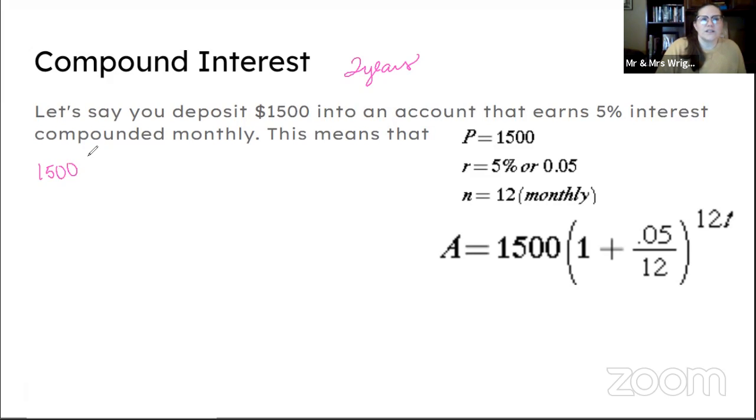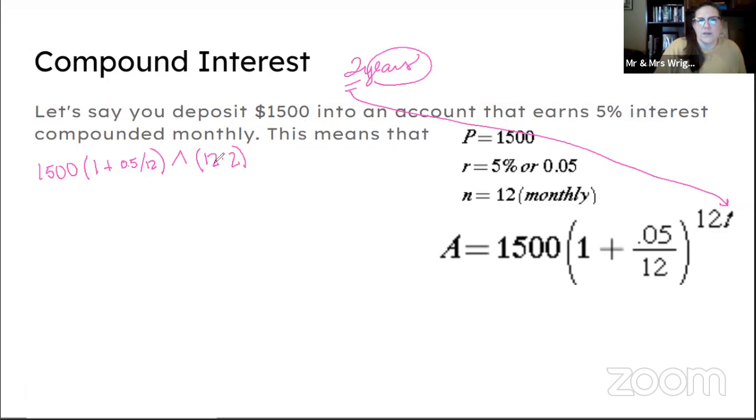It'd be 1,500 times (1 plus 0.05 divided by 12), close parentheses, caret, and then you have to put in parentheses 12 times 2. So our 2 right here went into the place for the t because we had 2 years, and t is always years.